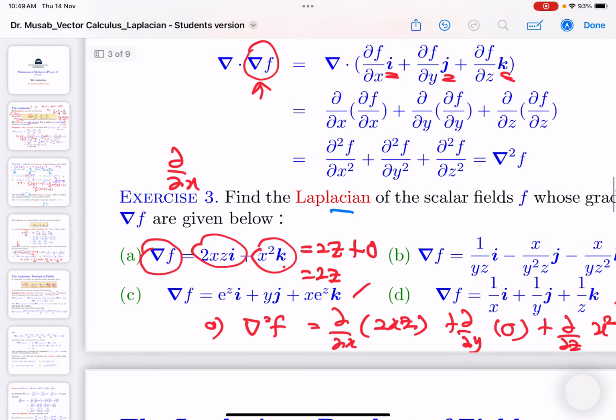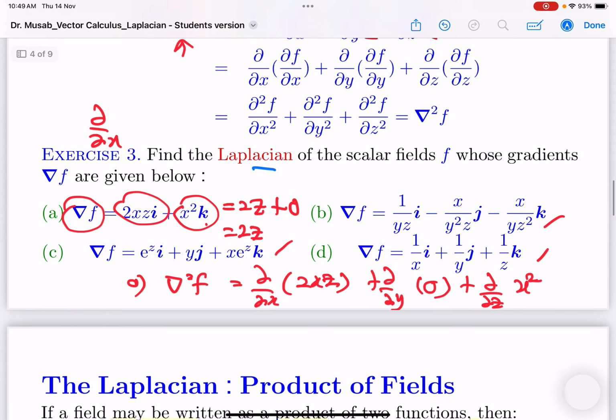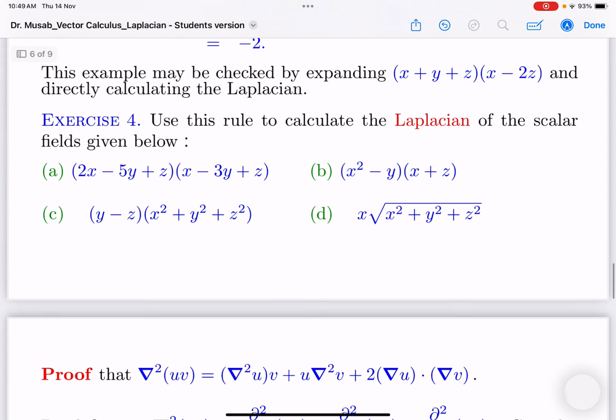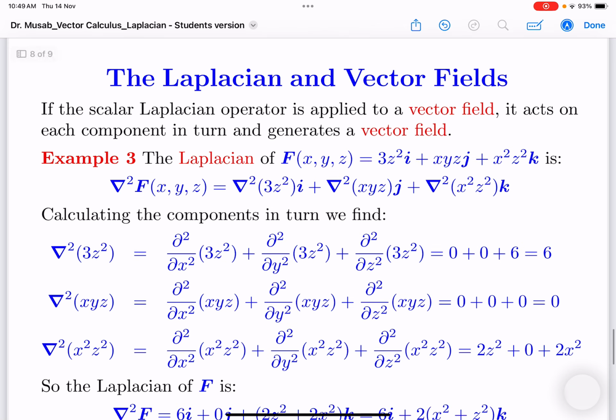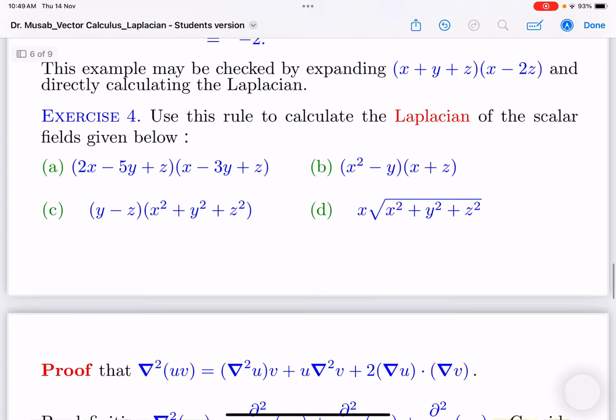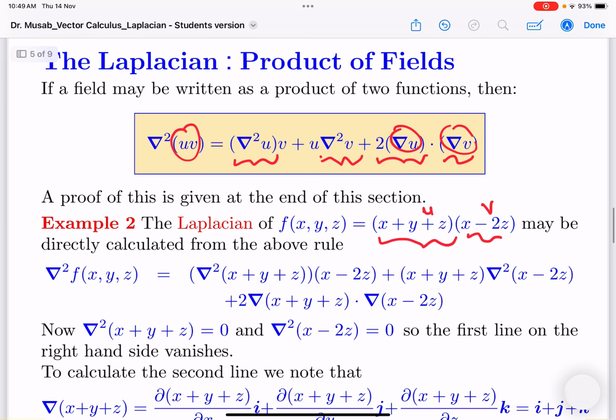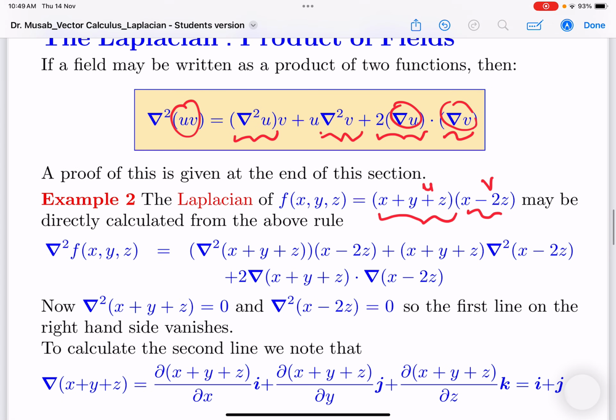Okay, so this last part here is for the composite one. Oh, we have another one before that, composite. So for the product of the field, you can do this one and apply it straight away.